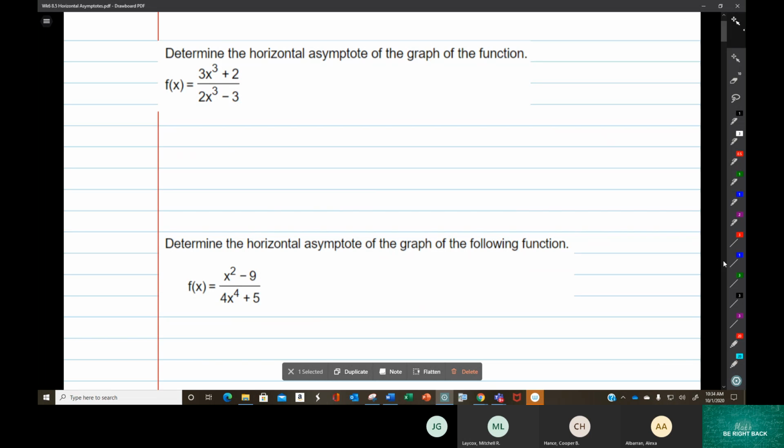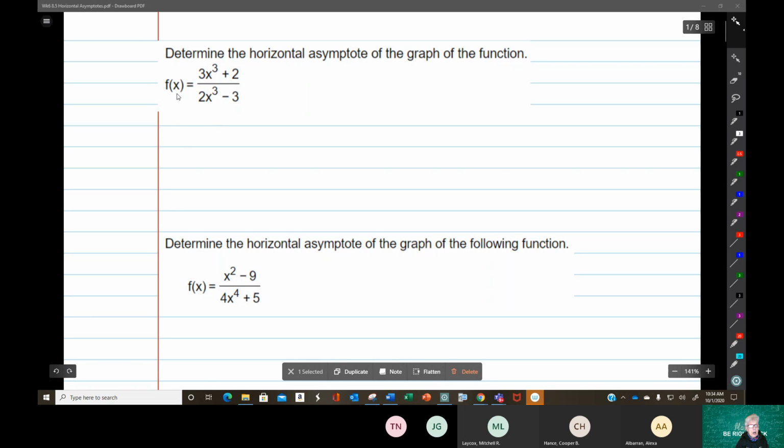Today we're working on everything, but the intro to working on everything is to learn about horizontal asymptotes because there are 3 rules that you will need. And each one of these problems illustrates one of those rules.